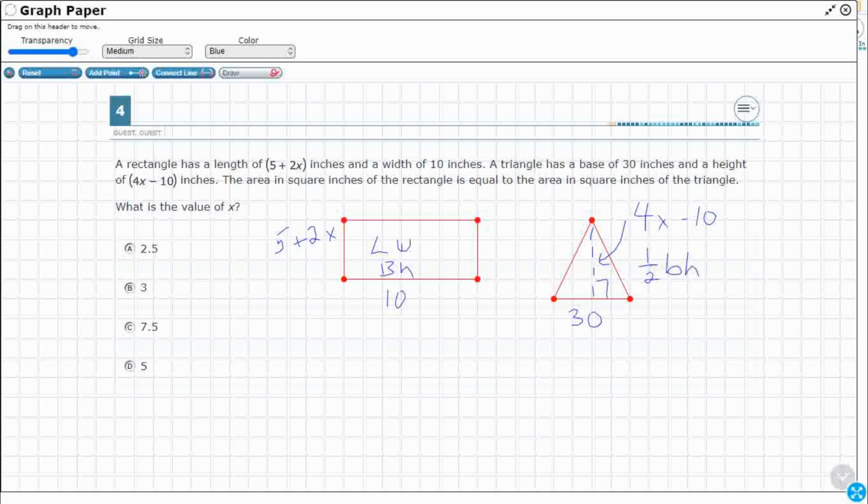Let's set these equations up: 10 times 5 plus 2x is the area of my rectangle, and 1/2 base times my height, 4x minus 10.